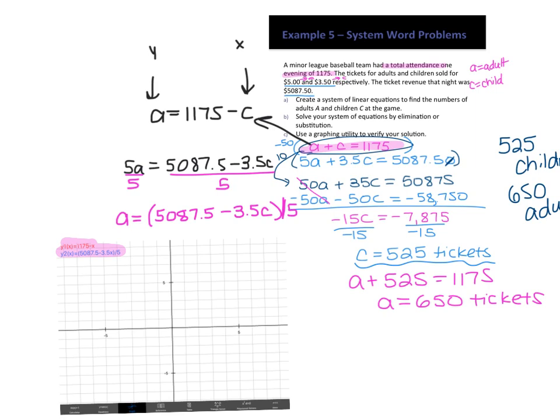So that's when you have to start to think about what it is you're graphing. If I'm graphing something like negative x plus 1175, that means my y-intercept is 1175. Also, if I'm looking for my intersection to be 525 and 650, I clearly have to zoom this out a lot. If you're adjusting your window, then you would need to adjust it around there.